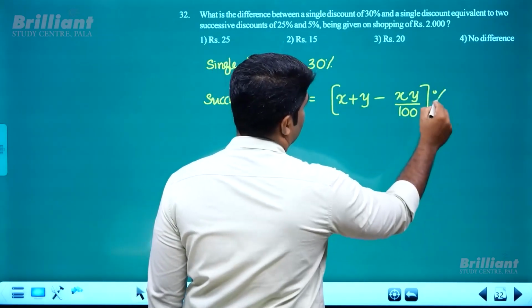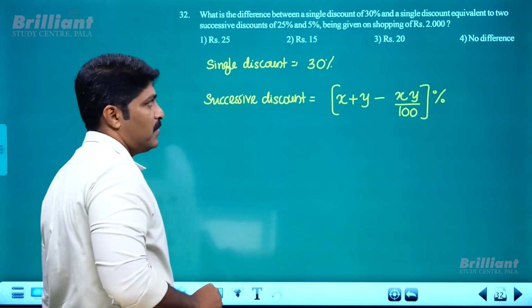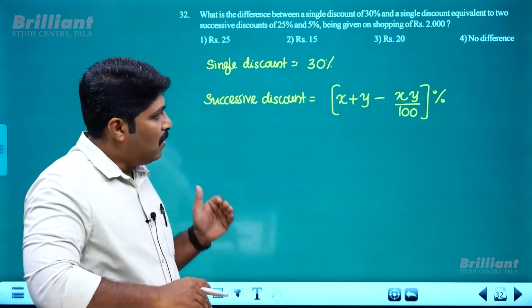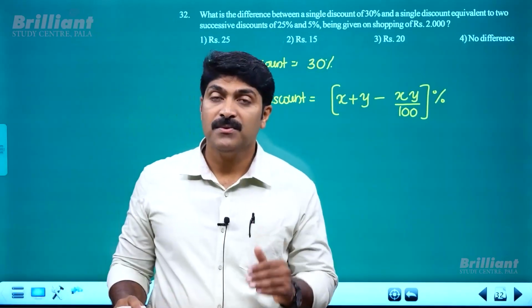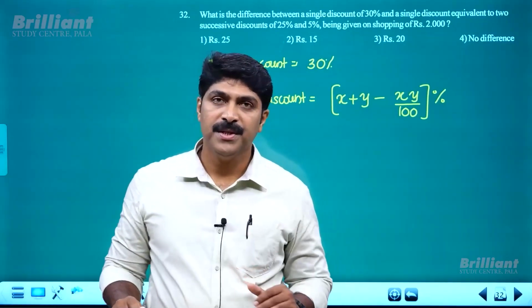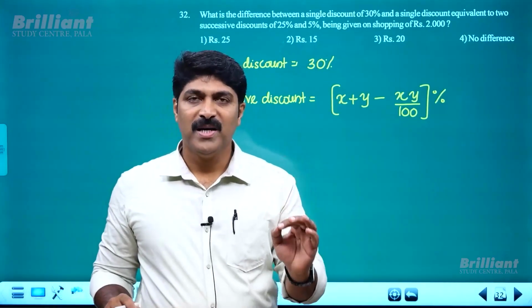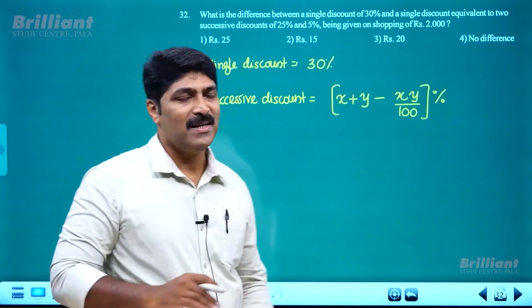This is the result for two successive discounts. If a seller is offering two successive discounts of x% and y%, the net percentage of discount will be x plus y minus x into y by 100.